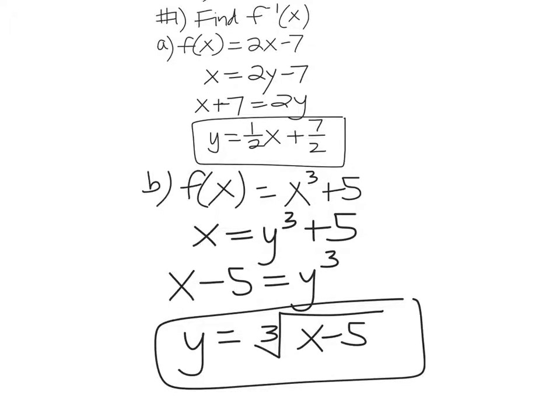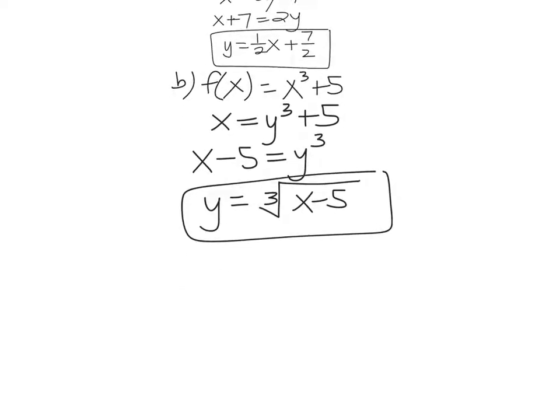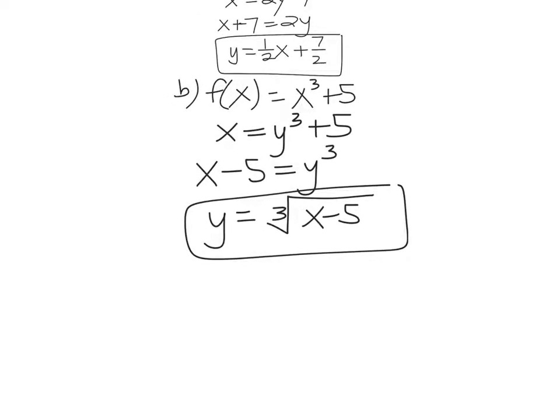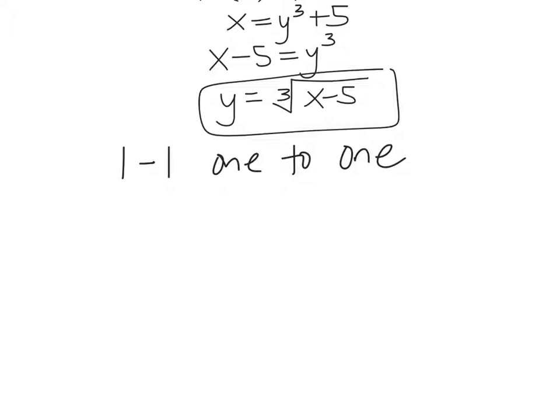Okay? All right, so right now these are nice because these functions are called one-to-one. Okay, let's talk about one-to-one real quick. One-to-one functions are relations that are functions, and their inverse is a function.